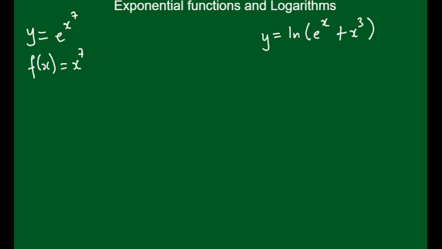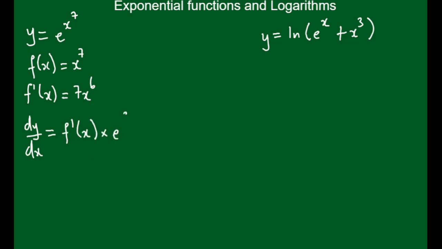power of 7. If we differentiate that we get 7x to the power of 6, because we bring down the power and subtract 1 from the power. So dy dx, for exponential functions, is f prime of x multiplied by e to the power of f of x.